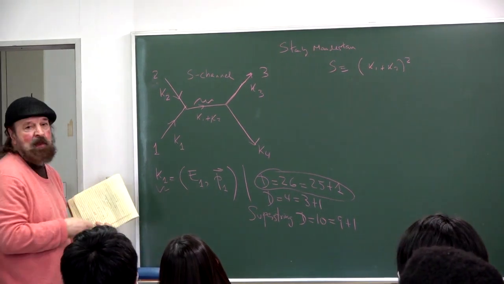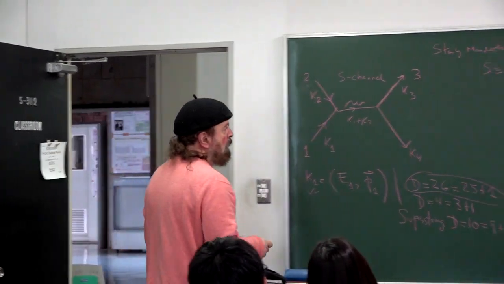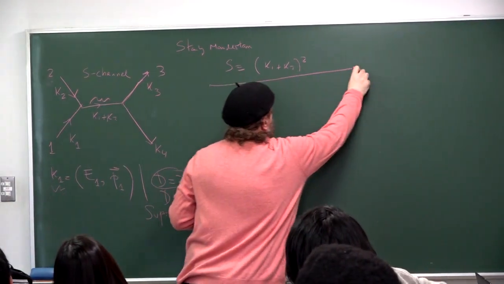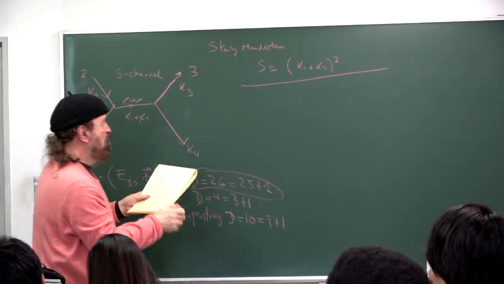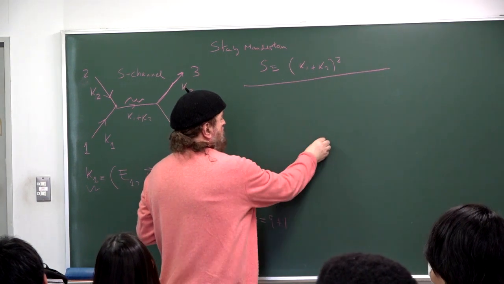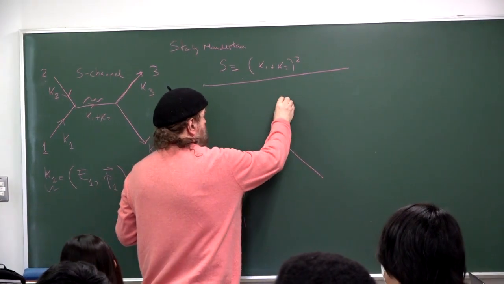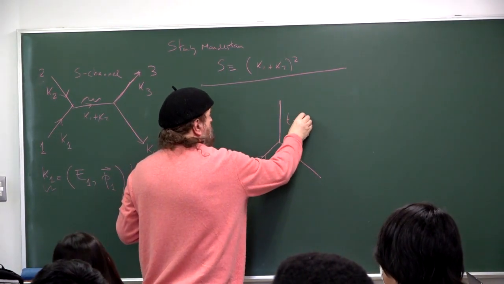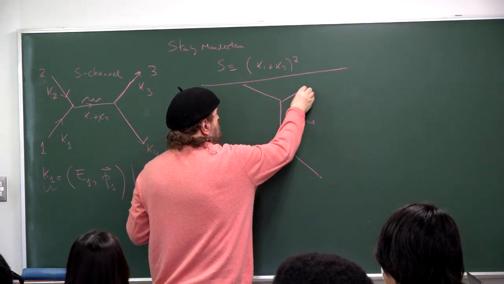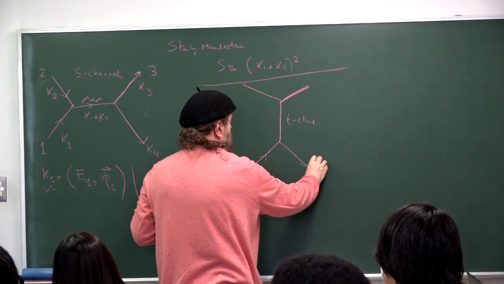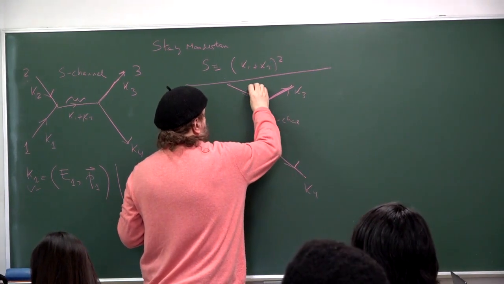However, you could have another process which you call the T channel. In the T channel, instead of having them come in and scatter like that, you have a process that looks like this. You have K1 coming in, this is the T channel, and you have K4, K3, K2.